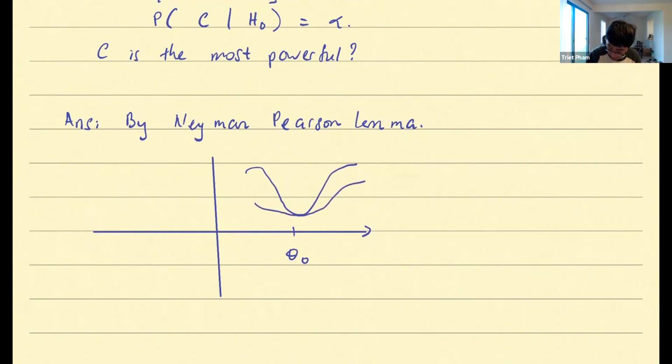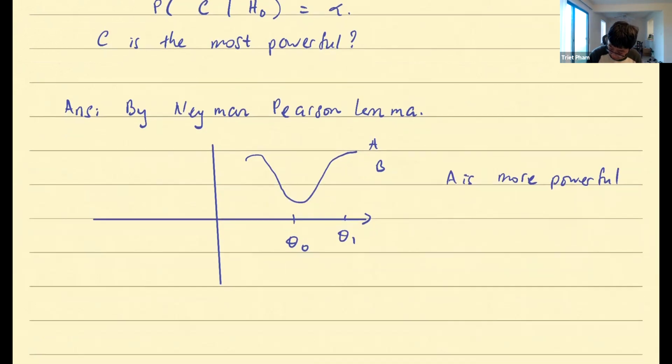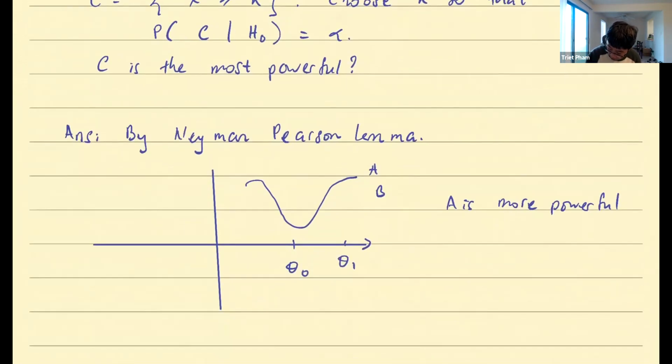This is A and this is B. If theta 1 is over here, then A is more powerful. If you change the shape of B to be like this, then at theta 1 in this picture, A is still more powerful.